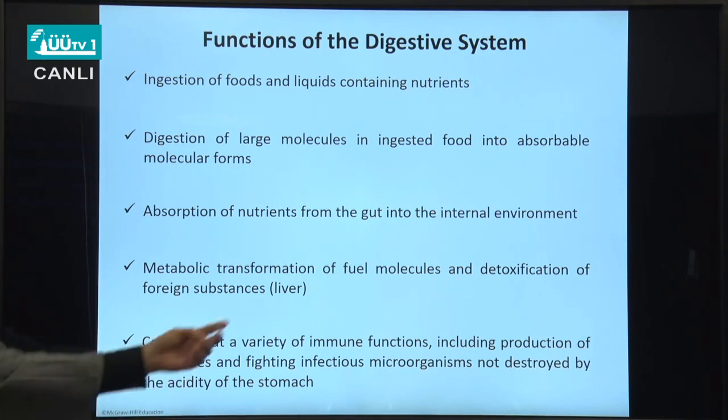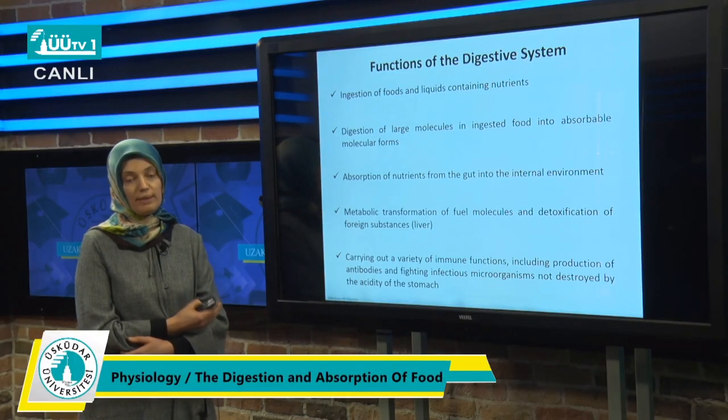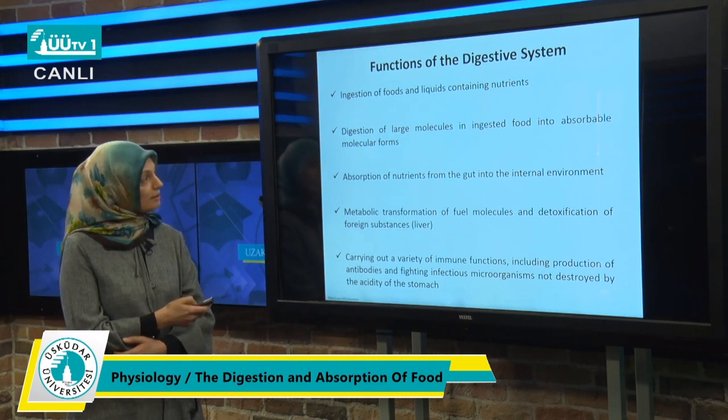The liver is very important for detoxification and conversion of the molecules into their untoxic forms. And also the digestive system is involved in immune functions. The digestive system fights against infectious microorganisms which are not destroyed by the stomach acid.